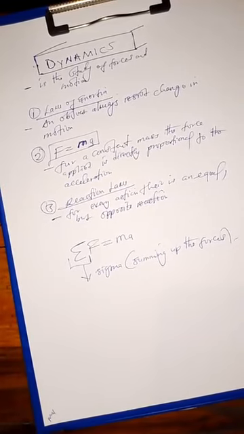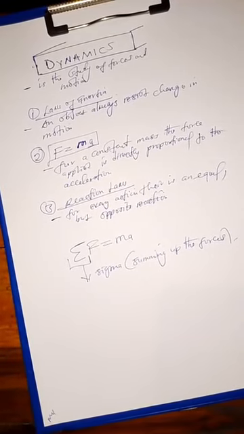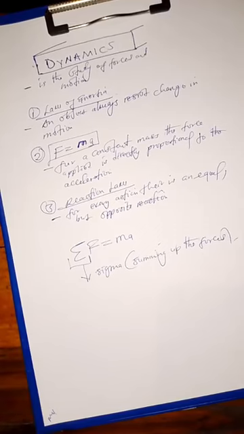Now law 3 is what brings the concept of the normal force. The normal force will always be perpendicular, at right angles, to the surface of an object. I think I should write these pointers.